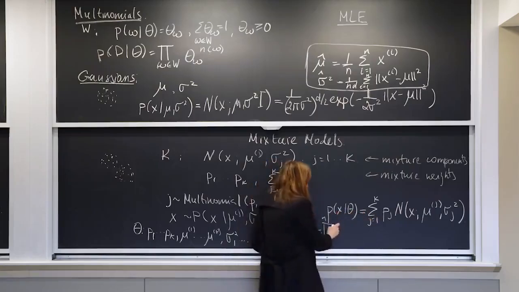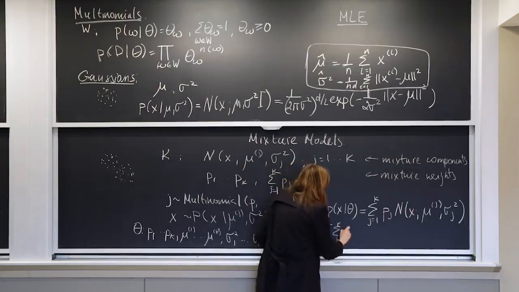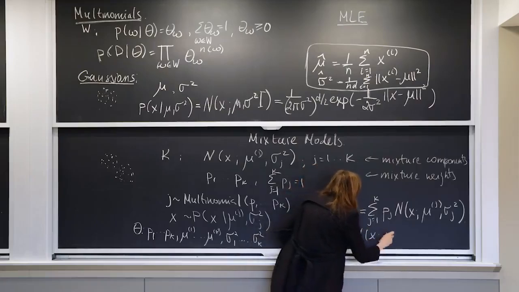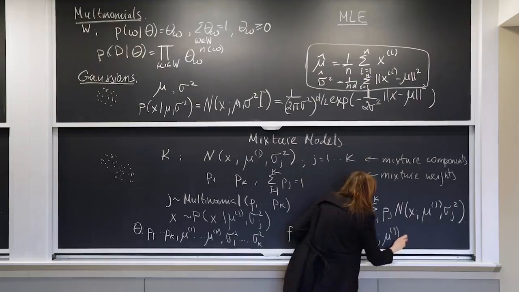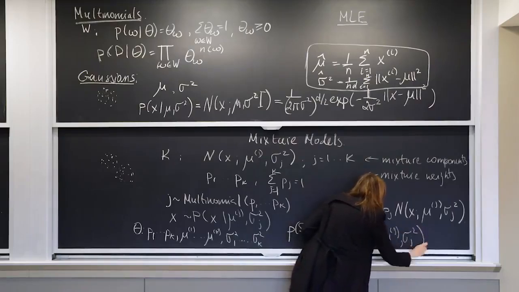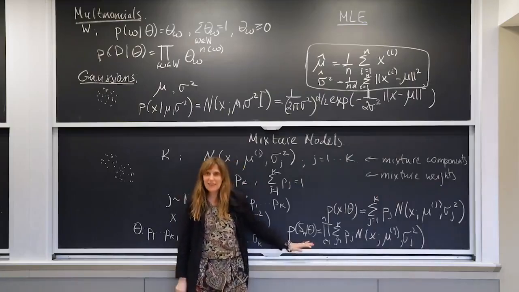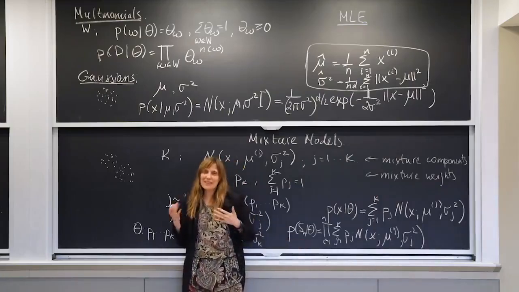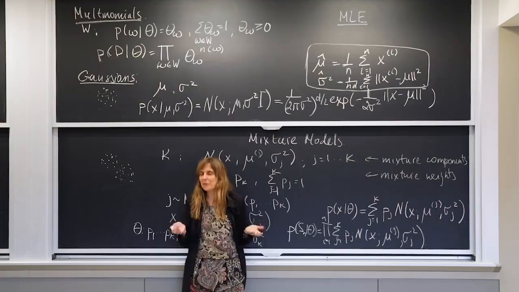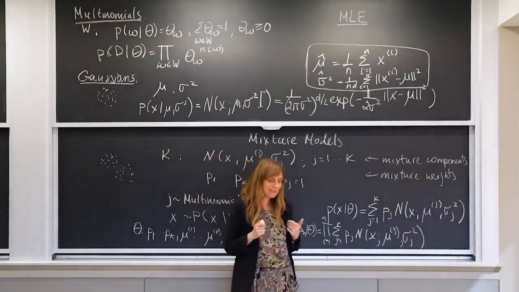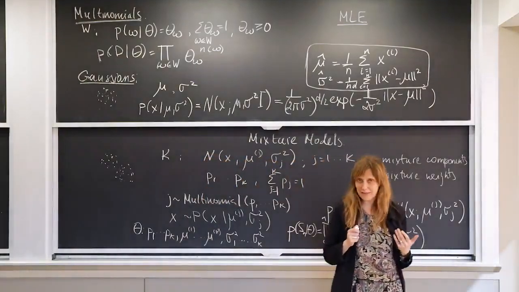So we can write it as the sum from 1 to k of p_j times N. Now I have this expression, and given this expression, I want to take the derivative with respect to my parameters, make it equal to 0, and find the parameters. It turns out it's actually a pretty complex task.